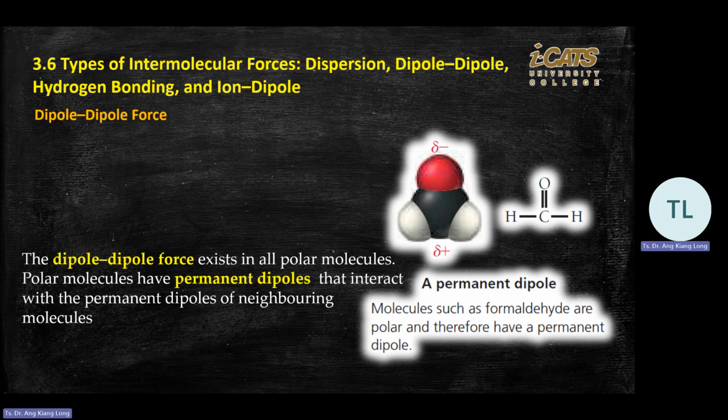Basically we call it covalent bonding. But here, because we talk about intermolecular forces, if you see a question about intermolecular forces, don't use covalent bond. You need to use one of these four to answer: dispersion, dipole, hydrogen bonding, or ion-dipole.